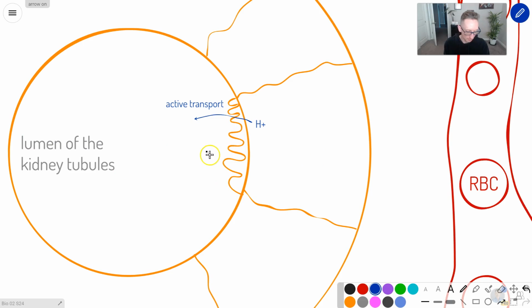Okay, and what is this going to mix with? It's going to mix with our bicarbonate. I'll spell it out. I'll do it in pink.